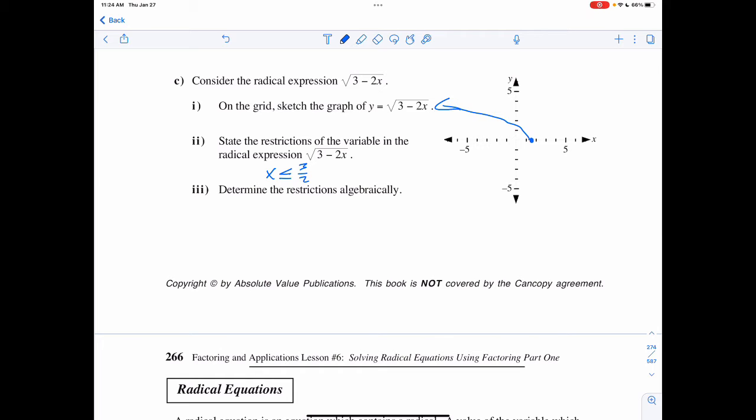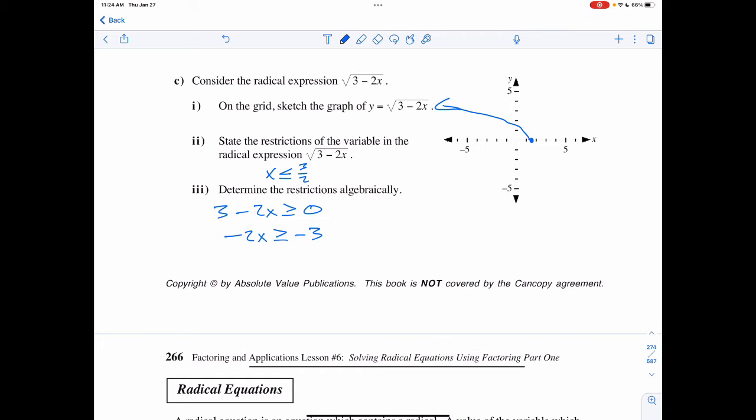If I'm determining the restriction algebraically, then I would start the same way that we did before. The radicand has to be greater than or equal to 0. I'm going to move the constant over by subtracting it from both sides. And this part you may or may not have known before.